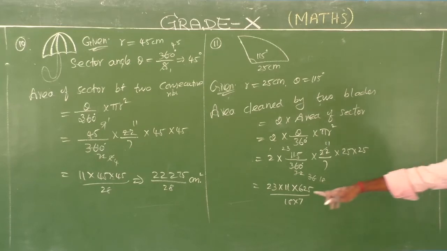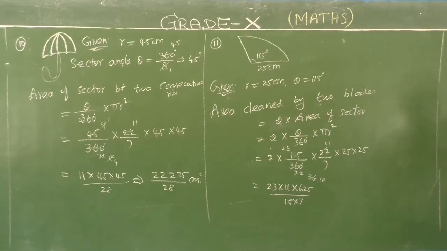Which is multiplied by again 23. 3 5s are 15, remainder 1. 3 7s are 21 plus 1, 22, remainder 2. 3 8s are 24 plus 2, 26, remainder 2. 3 6s are 18 plus 2, 20.